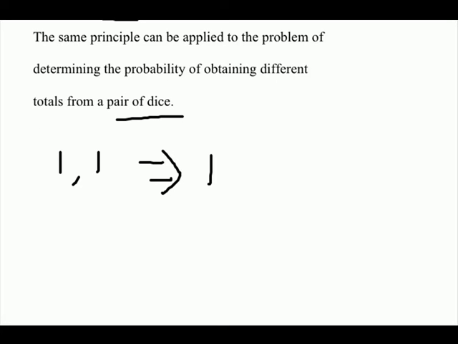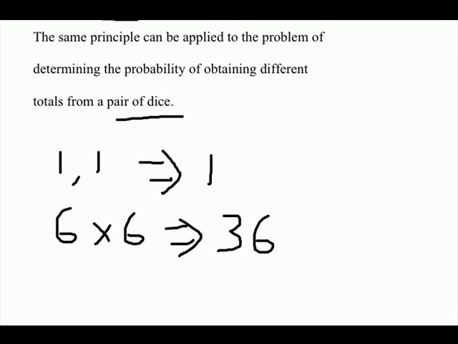and now you need to find the sample space. How many outcomes are possible when you roll a pair of dice? So that would be 6 numbers possible in dice 1 and 6 in dice 2. 6 into 6, 36.